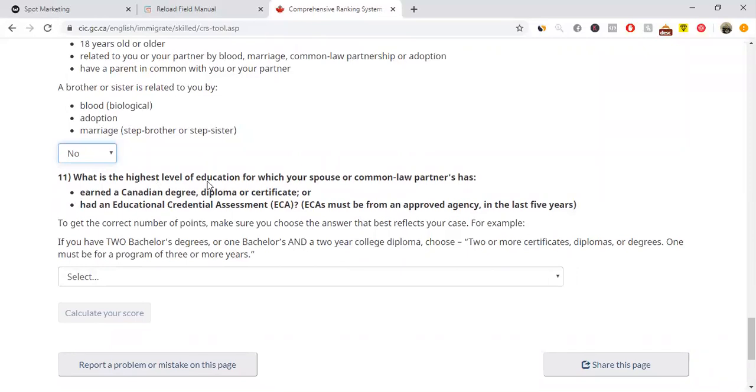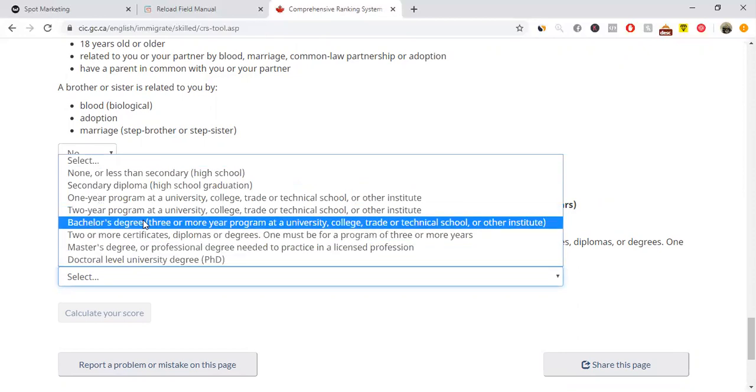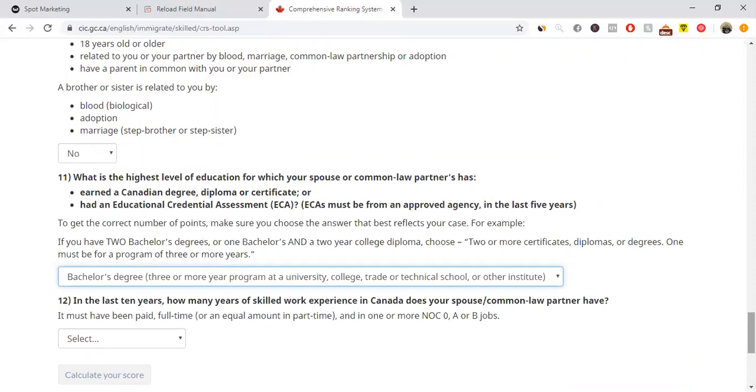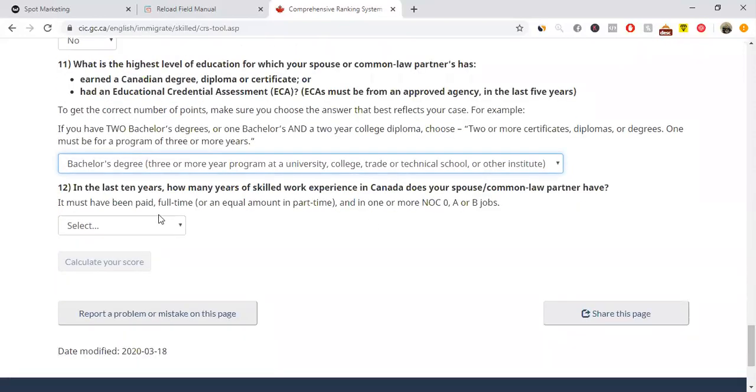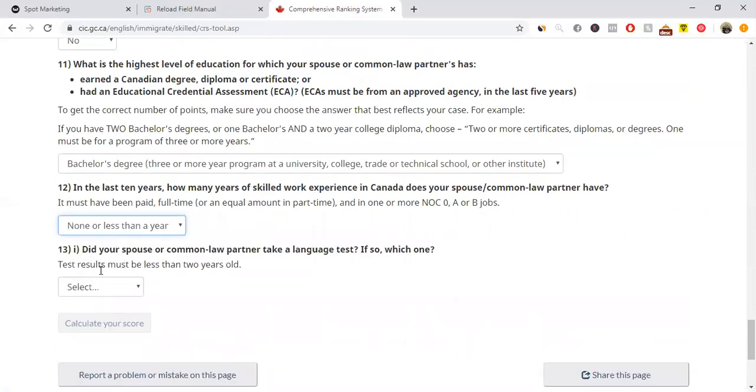What is the highest level of education for which your spouse has earned a Canadian degree or education credential assessment? So if it's your wife, what level does your wife have? So we are also going to use a bachelor's degree. And in the last 10 years, how many years of skilled work in Canada? This one is in Canada, none.